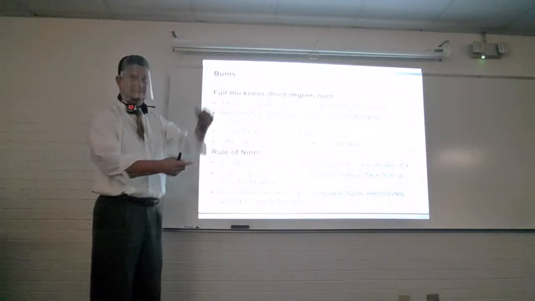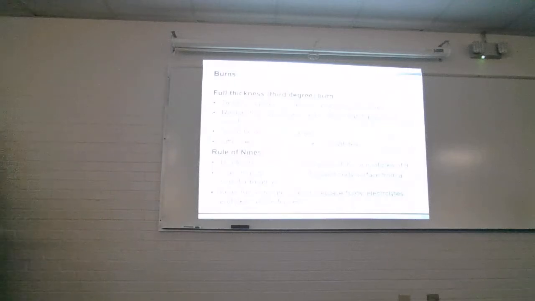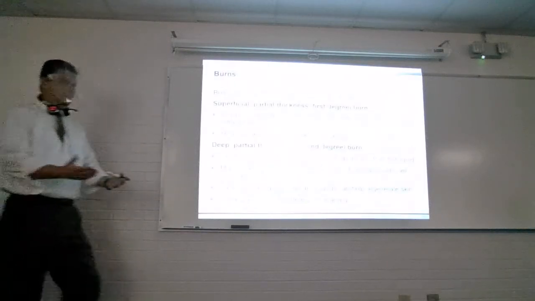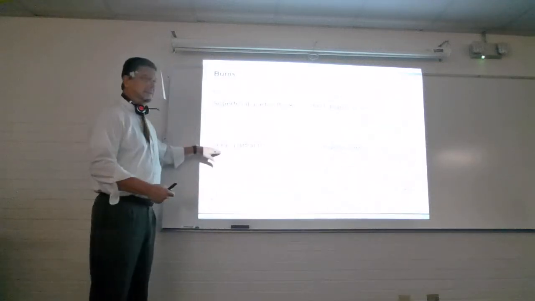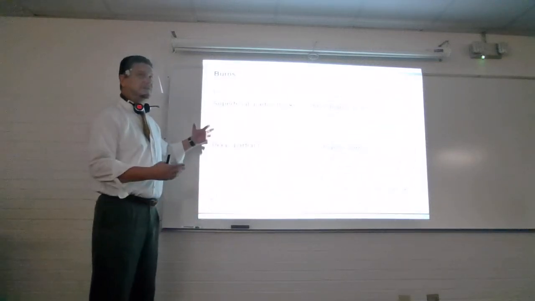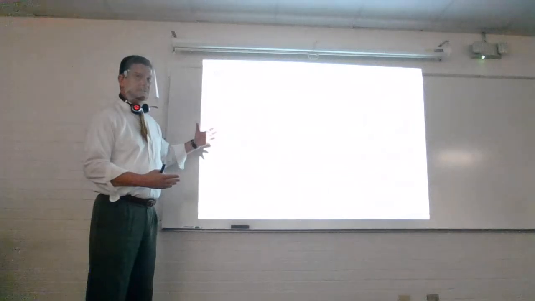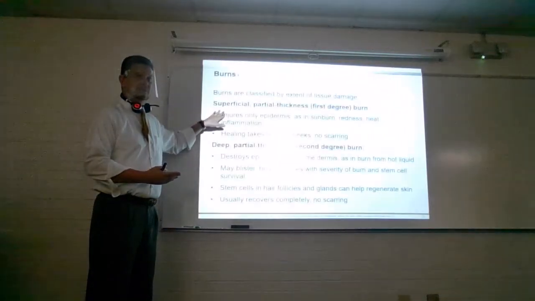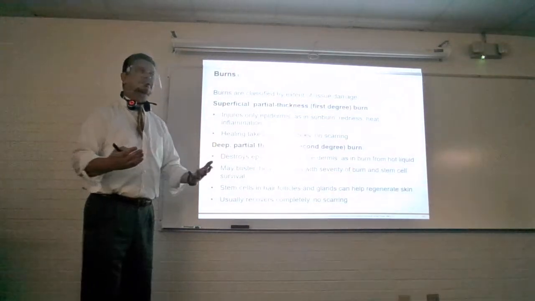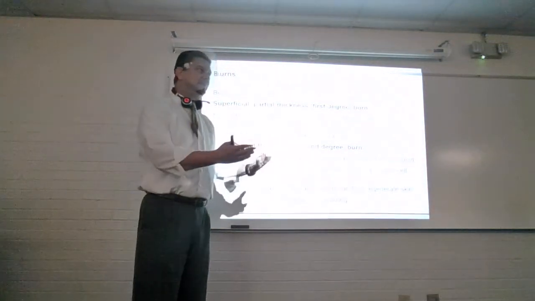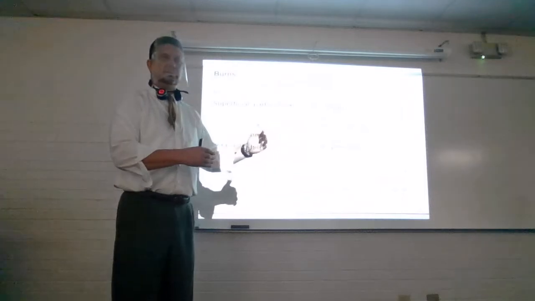If it is partial thickness, we know that it's not third degree then, and it's either superficial or deep. Which one do you think is superficial? The superficial one. The deep one is deep, right? So just through a little bit of common sense, you should be able to put these in order.